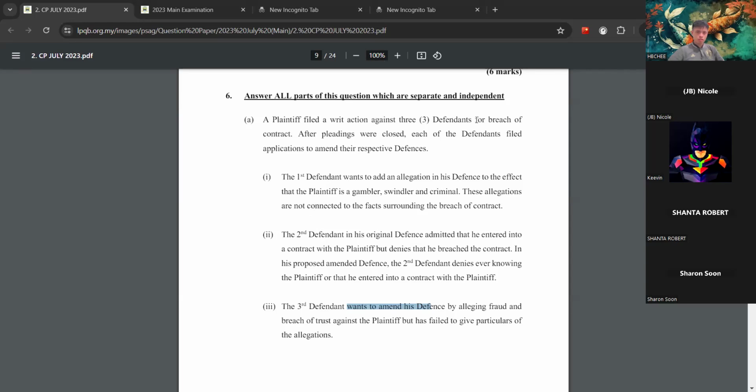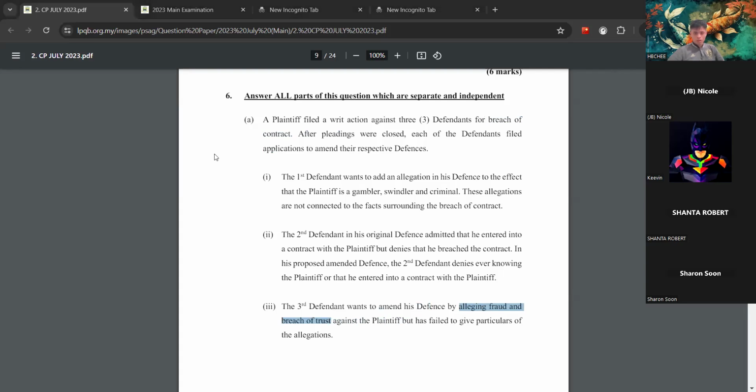Looking into the question again now: breach of contract. And now you want to amend the defense by alleging fraud and breach of trust. Totally different things. So I don't think it is allowed, to be honest.